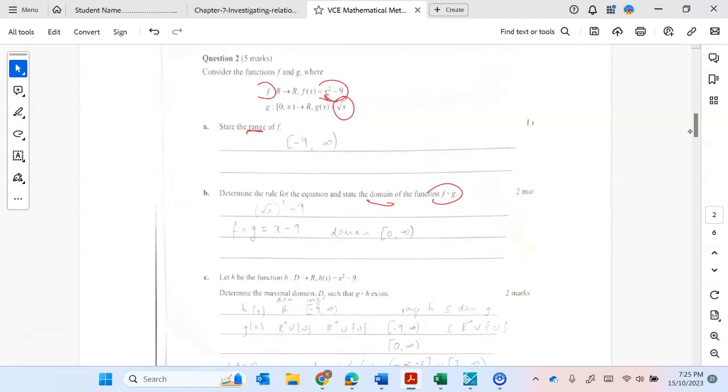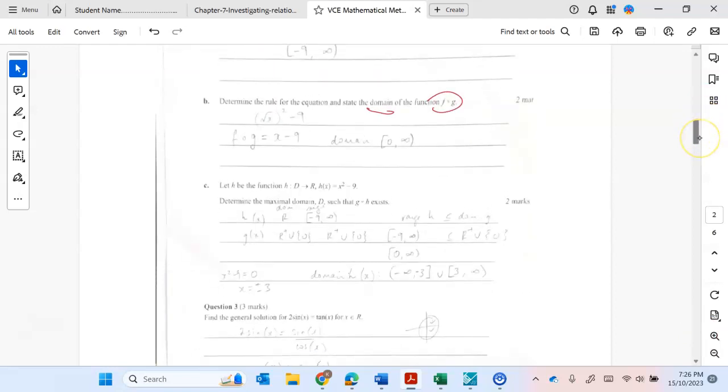Yeah, not an overly difficult question, but just making sure you get the domain correct to get the full 2 marks. All right, part C, let h be the function h of x equals x squared minus 9.